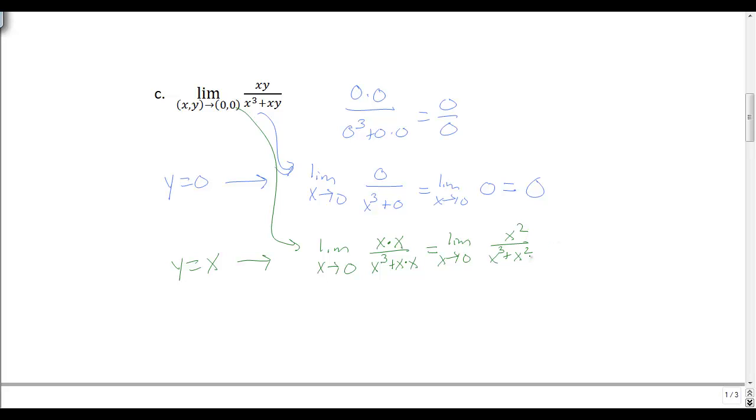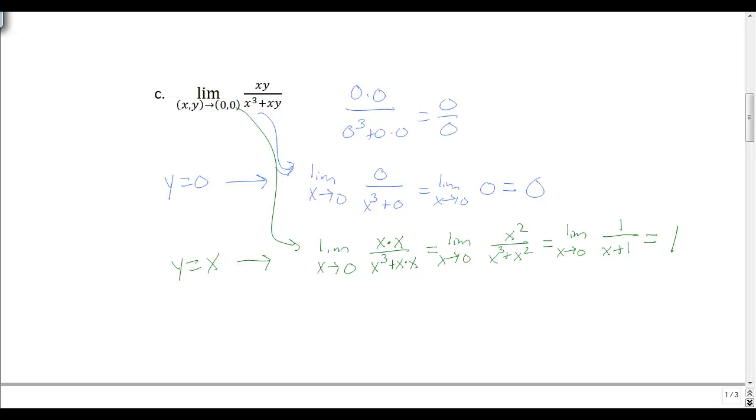I'm going to divide the top and bottom by x squared, or factor out an x squared from the top and bottom. That's going to give me 1 over x plus 1. Then as x gets really, really small, this bottom is going to go to 0 plus 1, and this whole thing is going to give me 1.